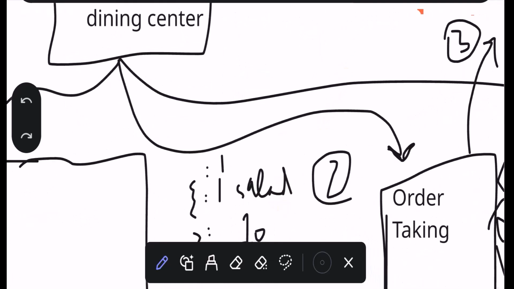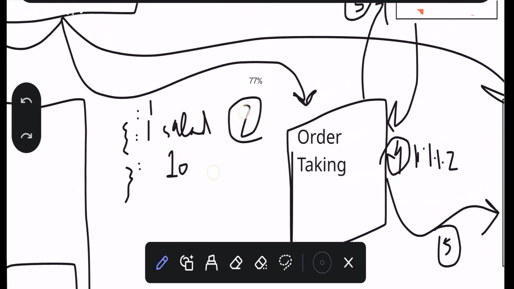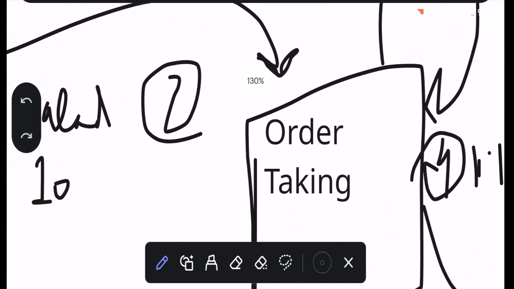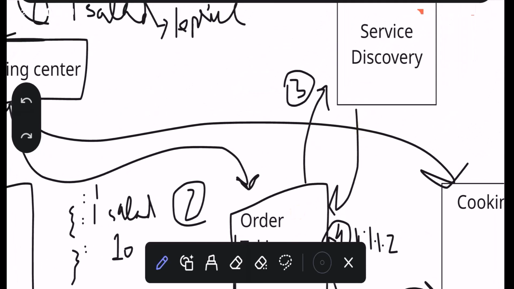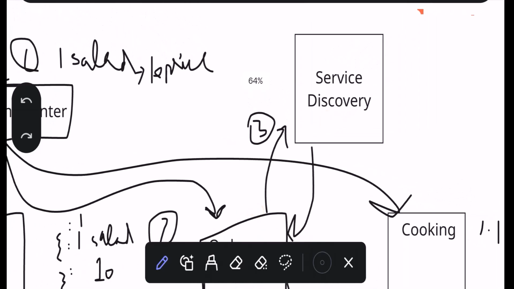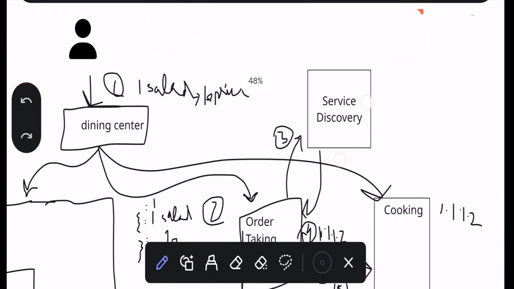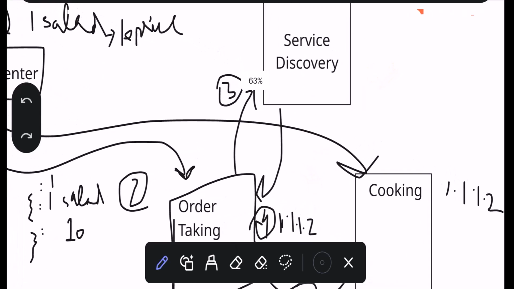Then the waiter at the dining center will direct that user to the order taking building, and then the order taking building will direct that user to another room, so that the customer can identify the cooking building.